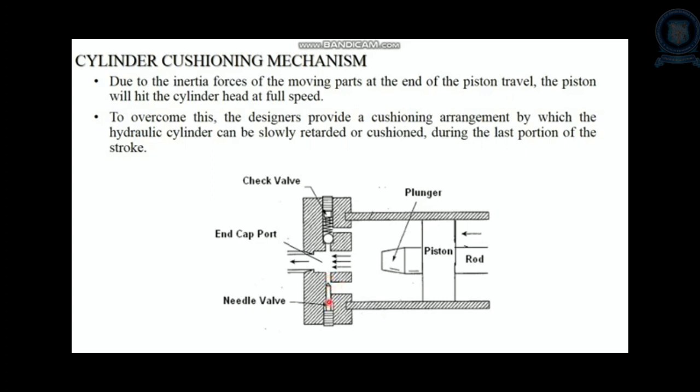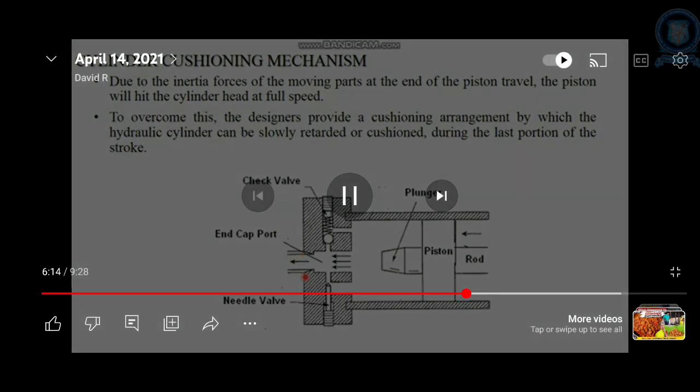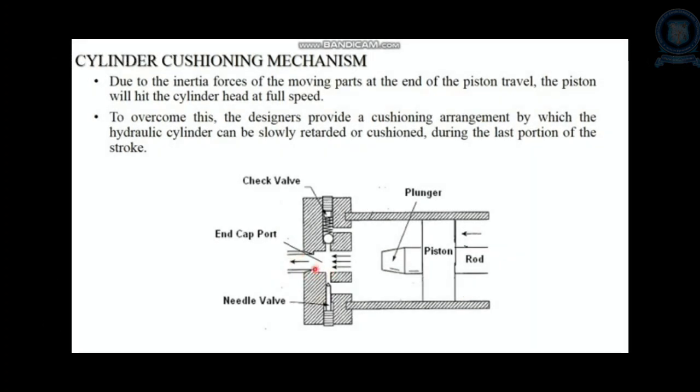This is the controlled passage. Through the controlled passage only, the fluid can enter. So suddenly the speed of the piston will be reduced. At the end of the stroke, it decelerates. The speed will be decreased.